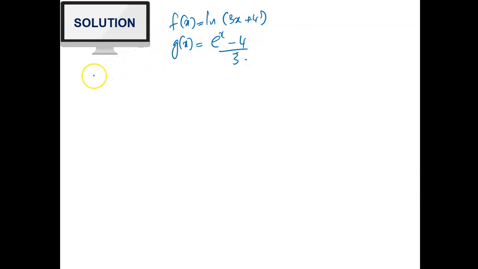So now, what is the function of f(x)? f(x) equal to natural log of 3x plus 4, and g(x) equal to e to the power of x minus 4, divided by 3. So let's find out the first one, f(g(x)), where g(x) equal to e to the power of x minus 4 divided by 3.